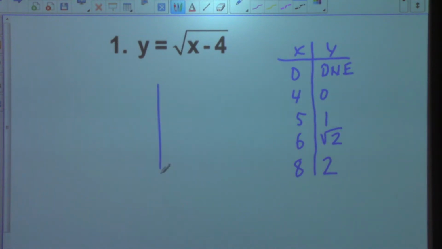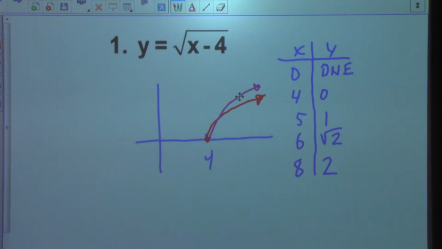If you graph this out, at 4 you get something that looks like this, right? What kind of function is that? What is the parent function of this? Y equals square root of x. So you're taking this parent function and translating it 4 units to the right.